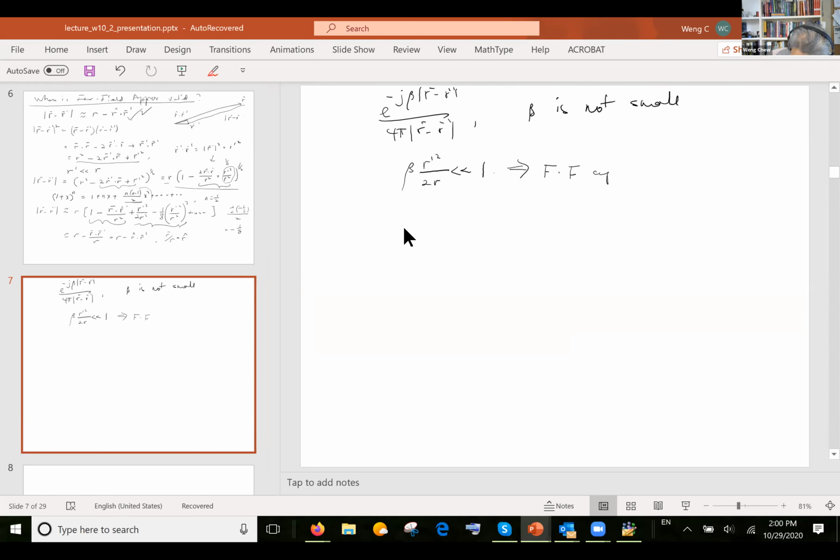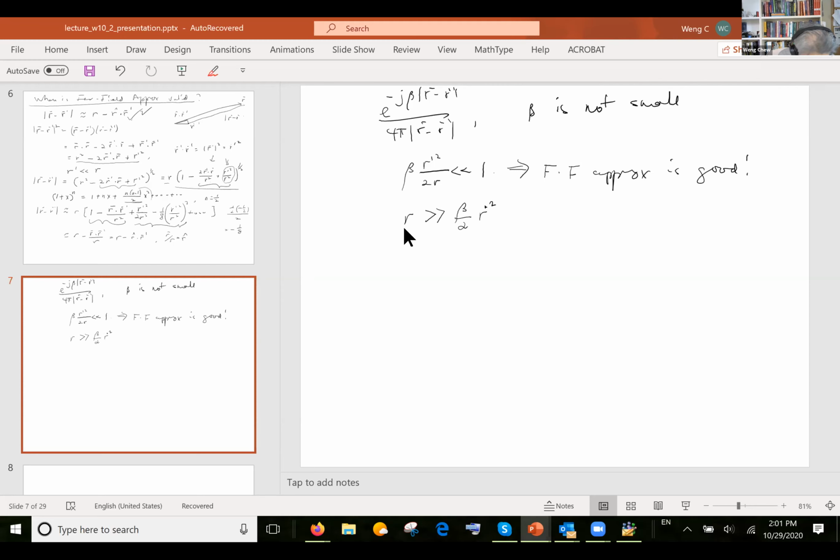Far field approximation is good. Okay, so what does this mean? It means that if r, the observation point, r is the distance between the observer and the source, is much, much larger than beta over 2 r prime square, okay, r prime square.